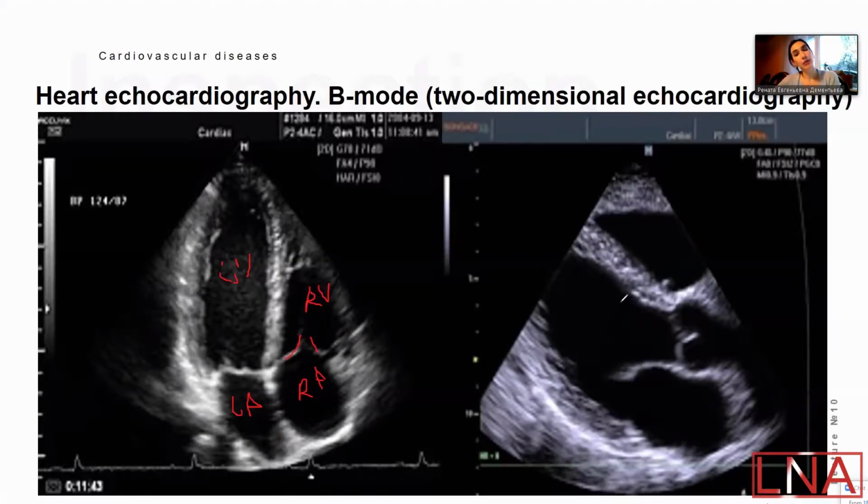Some other projection. This projection depends on the place where you put the source of ultrasound. Left ventricle, left atrium, right ventricle. We can't assess the right atrium.